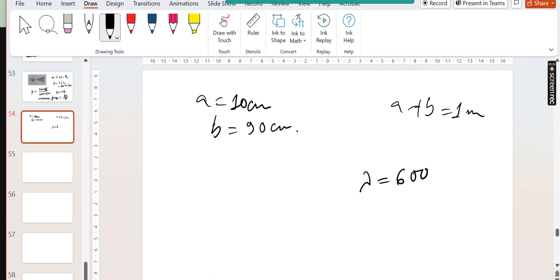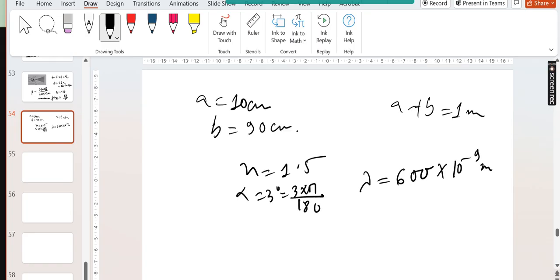Lambda is 600 into 10 to the power minus 9 meter. N is 1.5. Alpha is 3 degree, that is 3 into pi by 180.